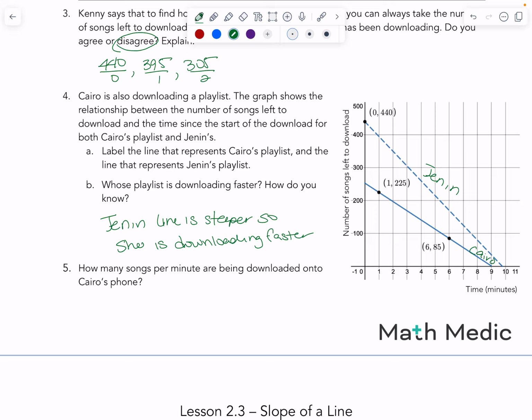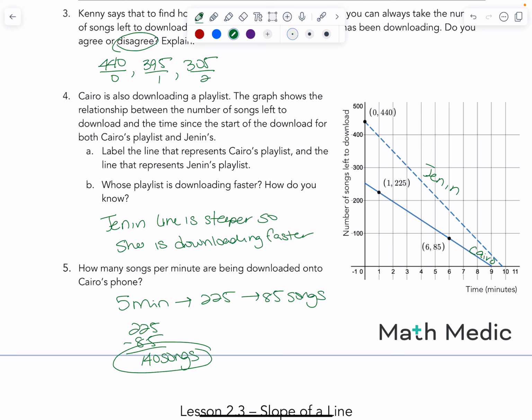All right, so it took 5 minutes to go from 225 down to 85 songs. So 225 minus 85 is 140 songs. So 140 songs in 5 minutes gives us our rate of change, which is 28 songs per minute.